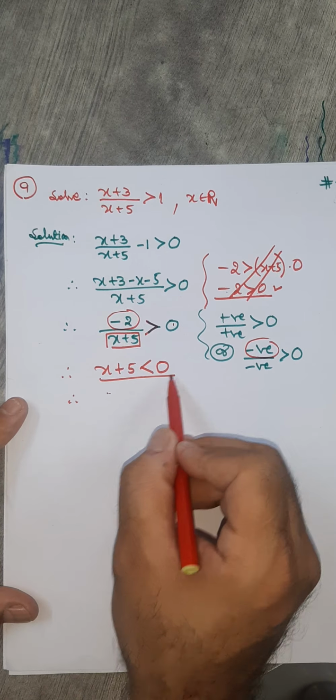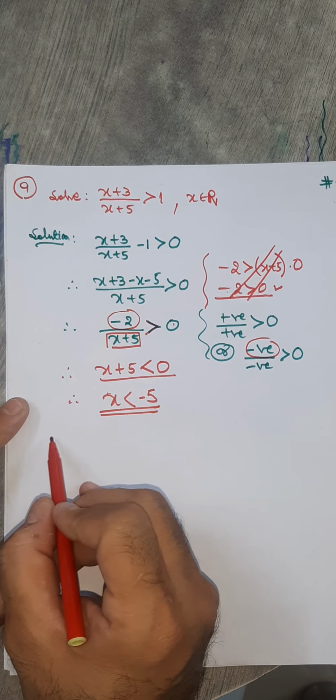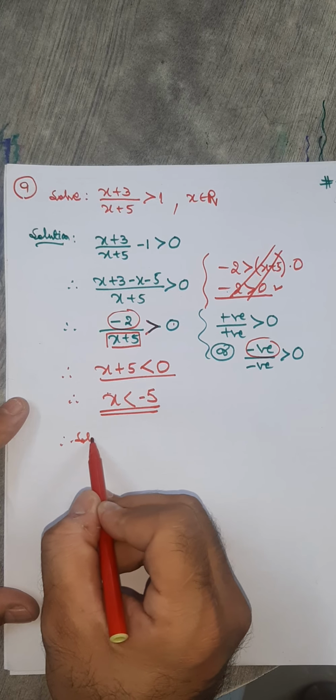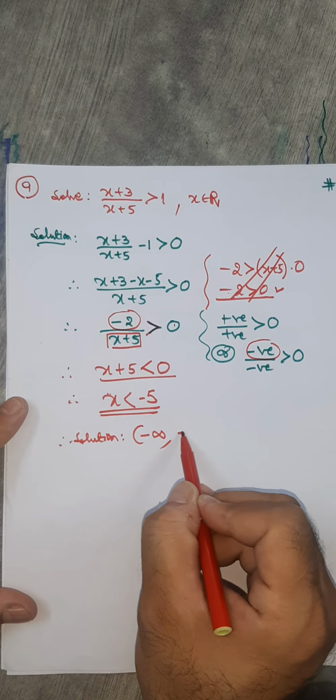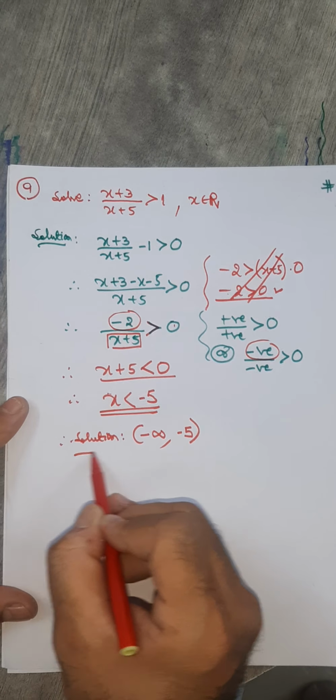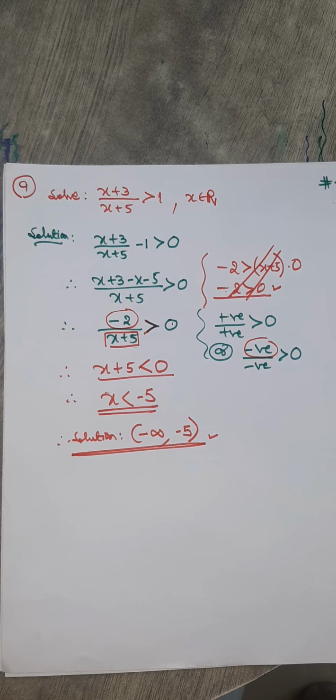So you have this and therefore x has to be less than -5. So what's the solution here? Solution is from where to where? Minus infinity to minus 5. This is the solution. Every number from minus infinity to minus 5 satisfies this inequality. Okay.